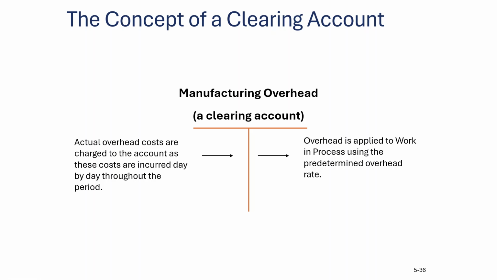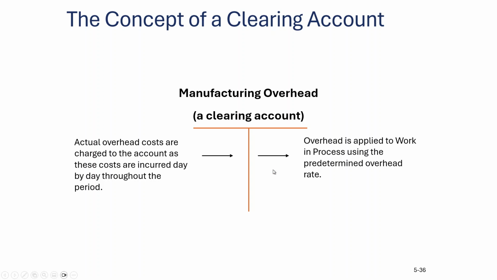And if you see that, this account is considered to be a clearing account. So on this side, we always have the actual amount. On this side is how much we are applied. And in a perfect world, you should apply what the actual is. But in reality, that's not the case, because this is based on the estimate.